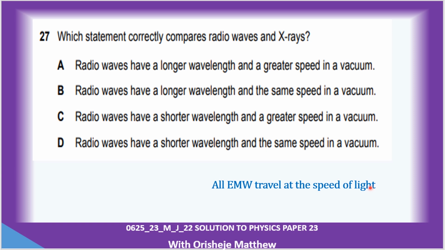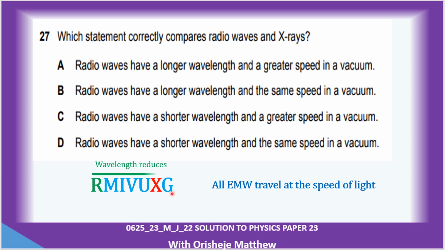And take note, if you put them in the electromagnetic wave spectrum: radio, microwave, infrared, visible spectrum, ultraviolet, X-ray, and gamma. So we are looking at radio wave and X-ray. Wavelength reduces from radio to gamma ray, and frequency increases in that order.